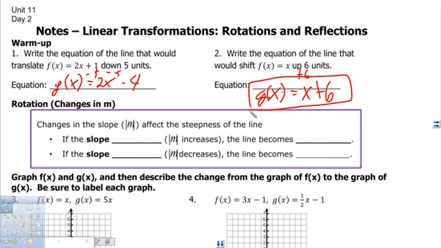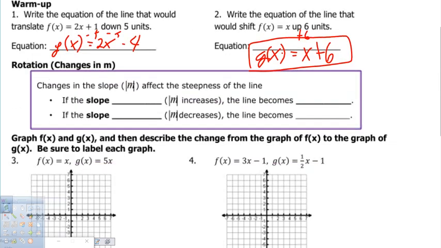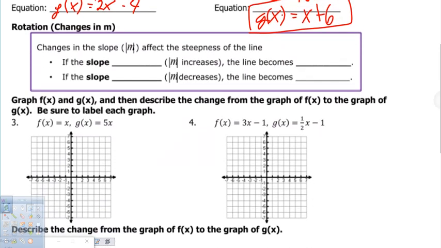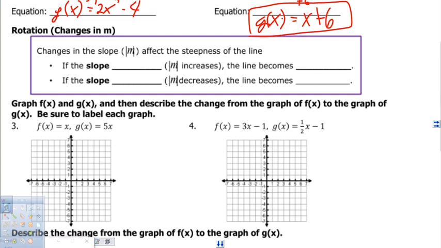And there it is. Now, changes in the slope, the absolute value of m, affect the steepness of the line. If the slope increases, the line becomes more steep.